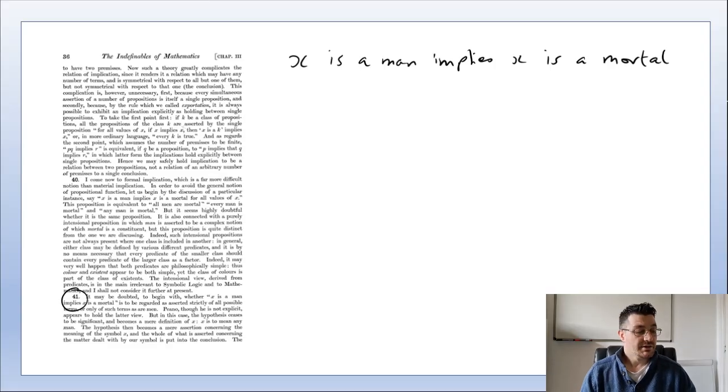Okay, so we're dealing with what are called formal implications here, and Russell's got some very strict views about formal implications.